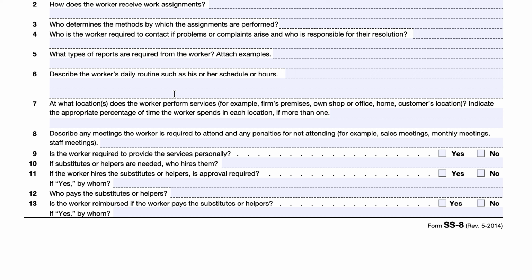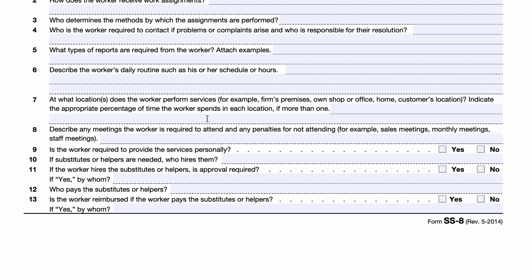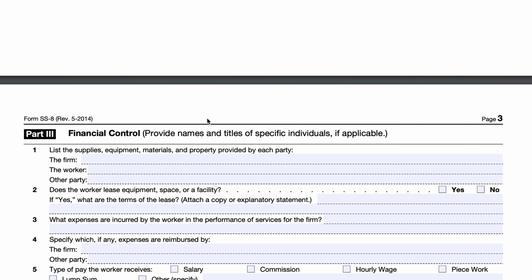If the person requires additional help, how does that additional help come onto the scene to assist? Does that person have to go out of pocket and pay additional help themselves? Do they have to go through the company? Does the company control who can and cannot provide this help? Is there a screening process? Is there company approval required if the worker wants additional people to help him?